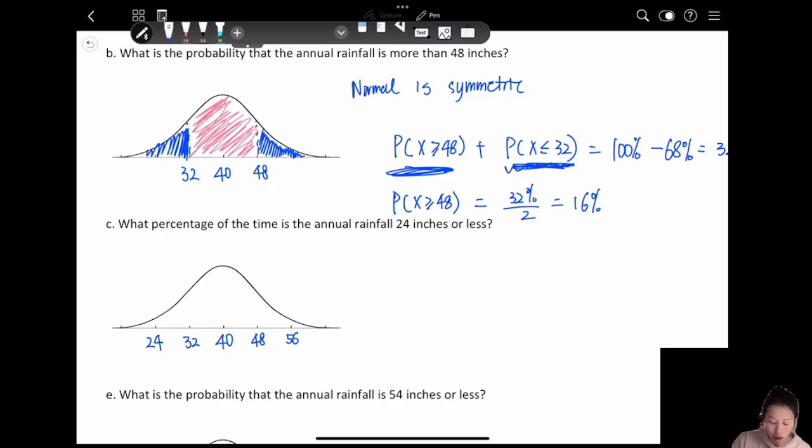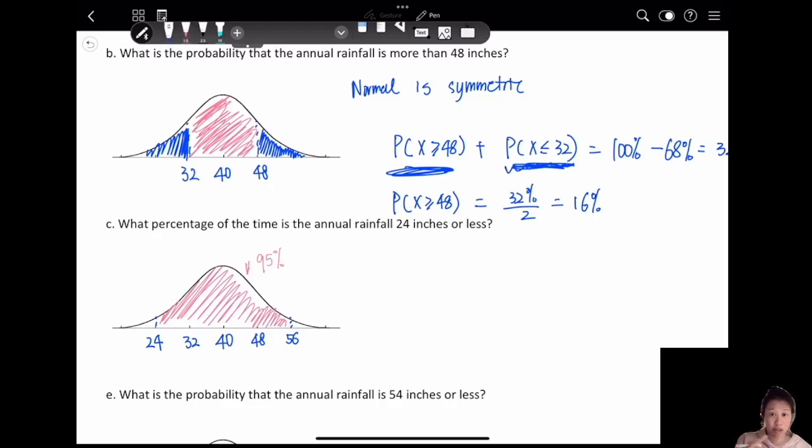Okay, and then we know that within 2 standard deviations, the green part is what? By the Empirical Rule, this part is 95%, right?